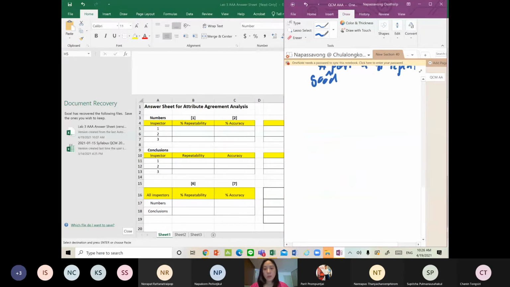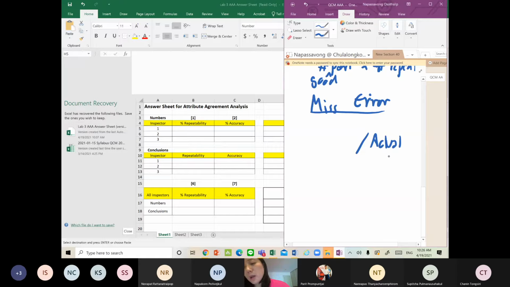So miss means the actual quality is bad, NG, but the inspector says it's good. So he or she decided that it is good, but actually it's a bad part.